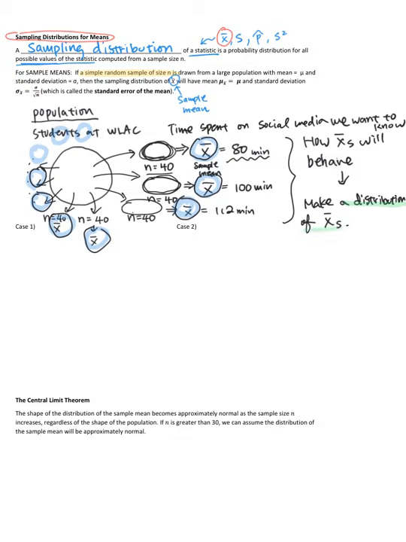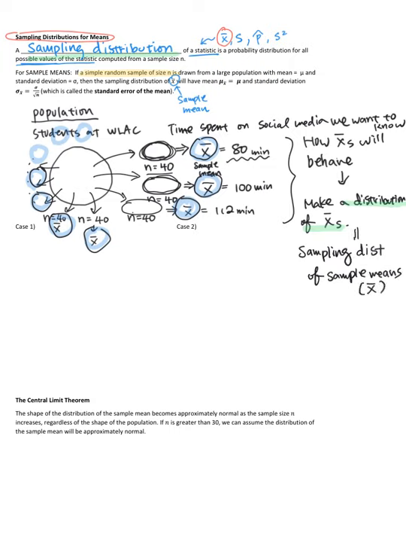This distribution of X bars is called the sampling distribution of sample means, which is X bar.